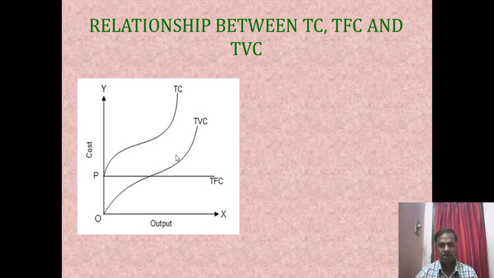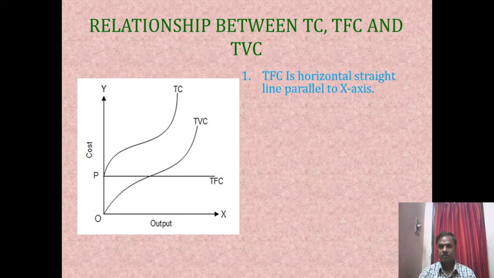The reason is that TFC is constant at all levels of output. Or in other words, both TC and TVC increase at the same ratio because TFC is the same at all levels of output.